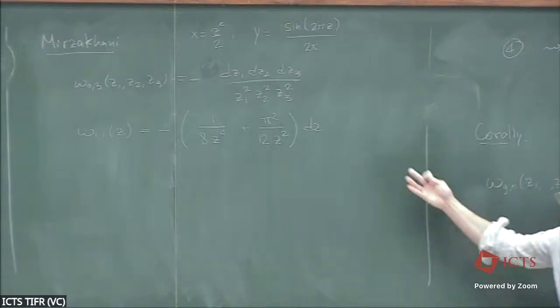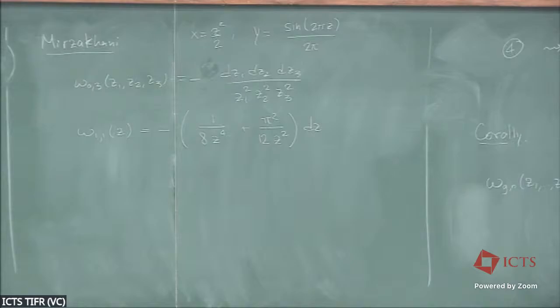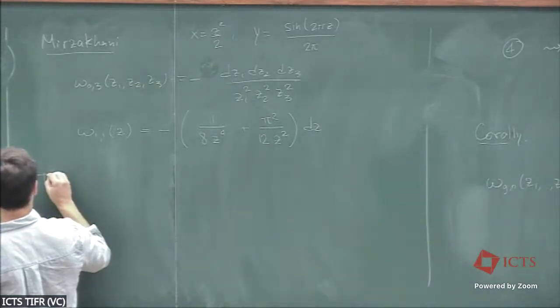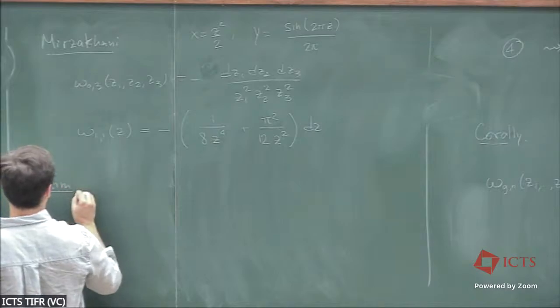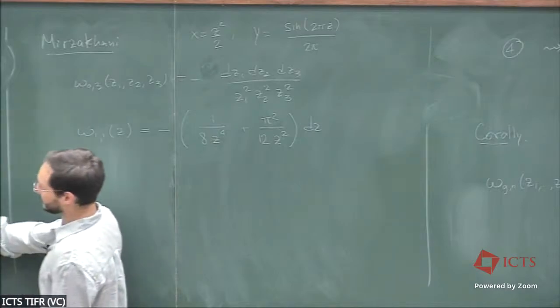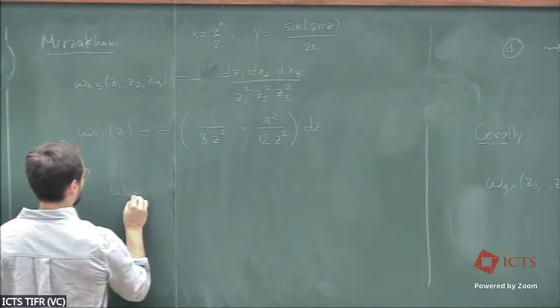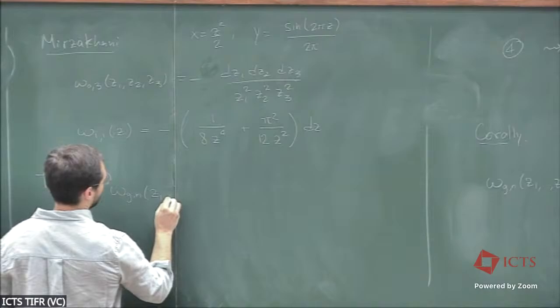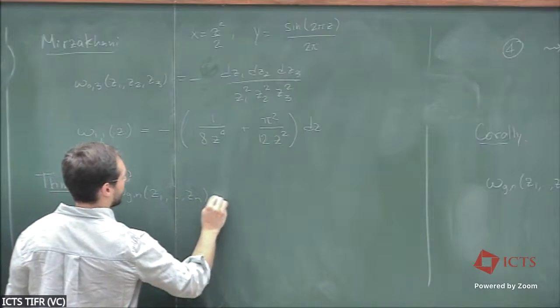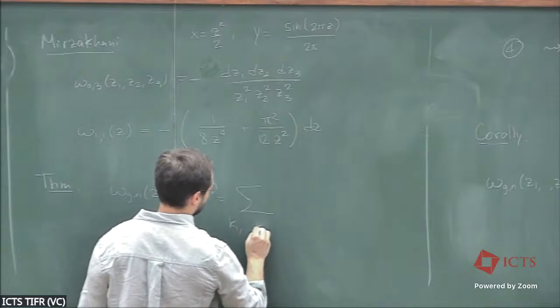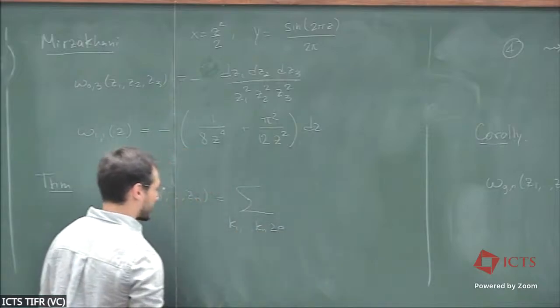And you can go on. You can write down a program to compute these omega GNs and compute as many as you want. But the main theorem in this case is that these omega GNs are instead generating functions of Weil-Peterson volumes. So the statement here is that these guys are equal to a sum over, again, k1, kn greater or equal to 0.